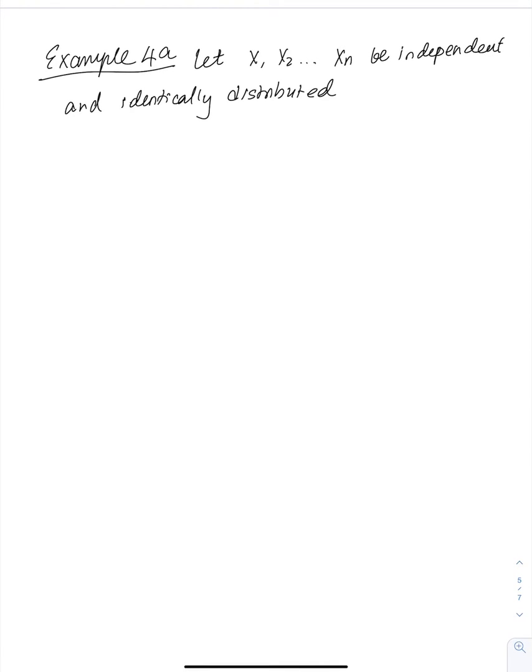So just be clear that just because something's identically distributed doesn't mean it's the same random variable. Of course not.